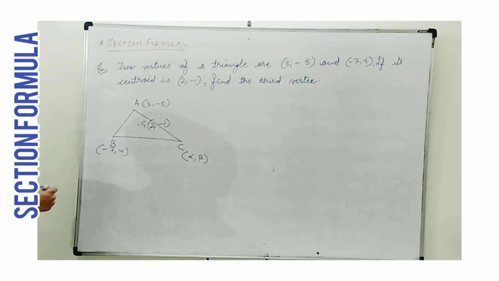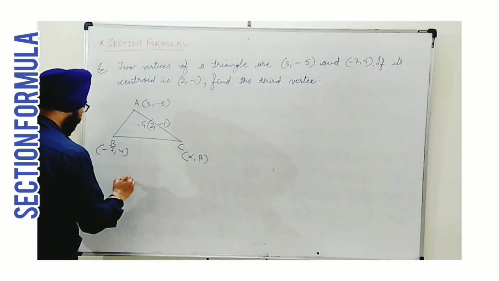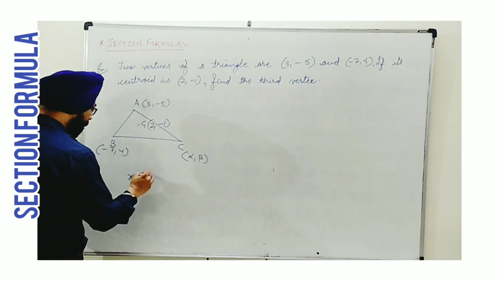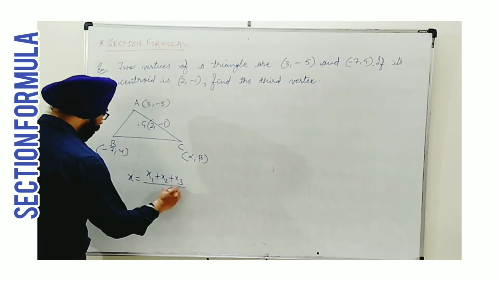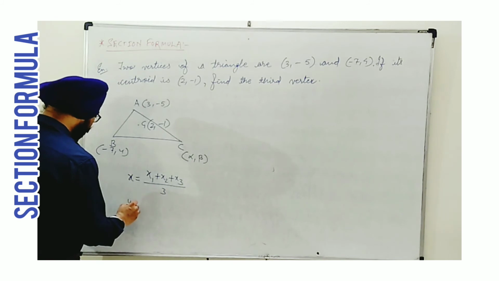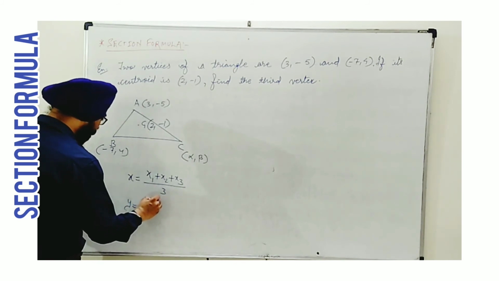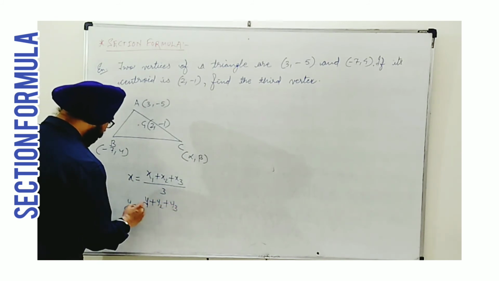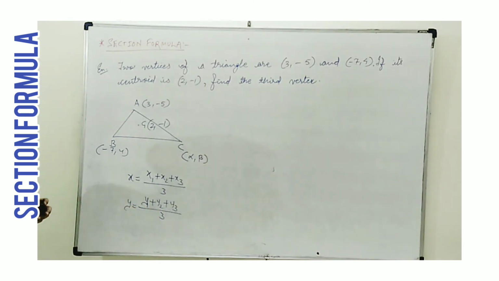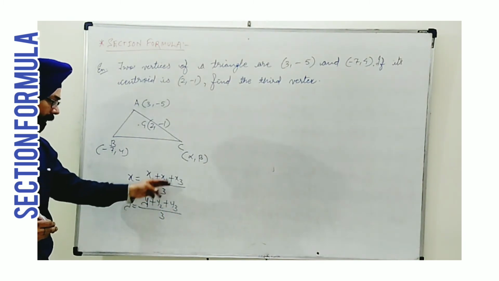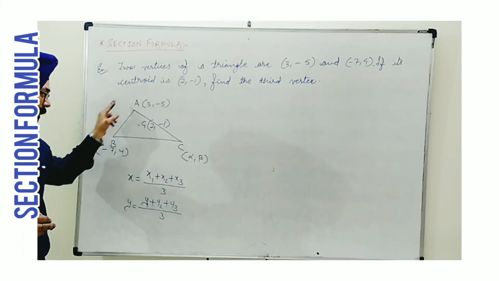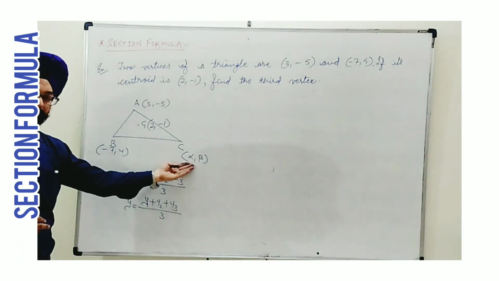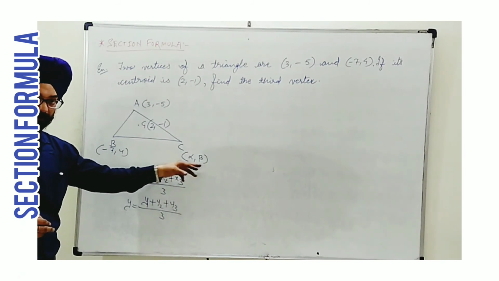For the centroid, if x, y are the coordinates, x is (x1 + x2 + x3)/3 and y is (y1 + y2 + y3)/3, where these x1, y1, x2, y2, x3, y3 are the coordinates considered for these three vertices. If you want, you can take this to be x1, y1 or x3, y3 like that.